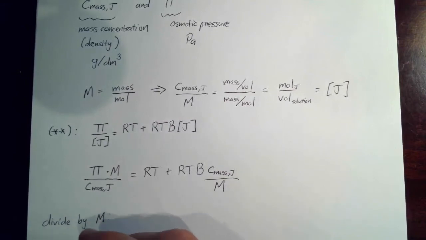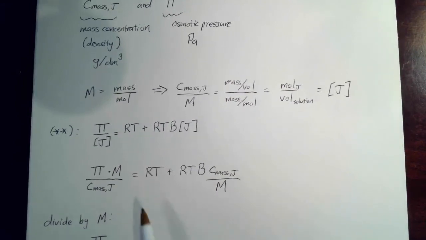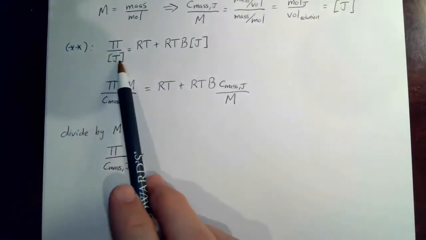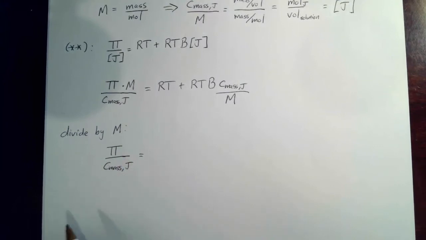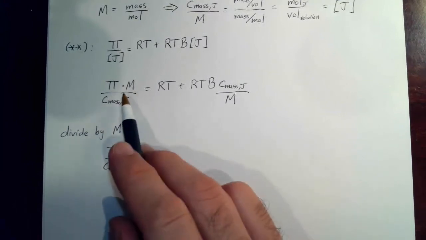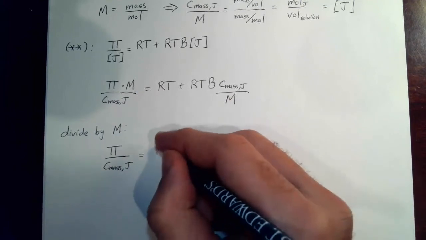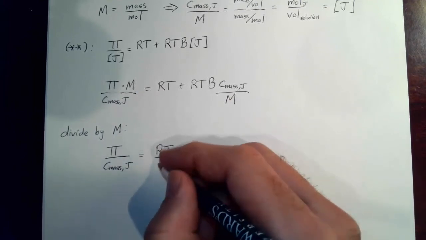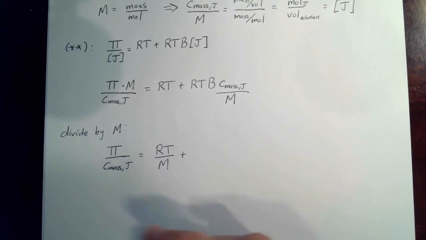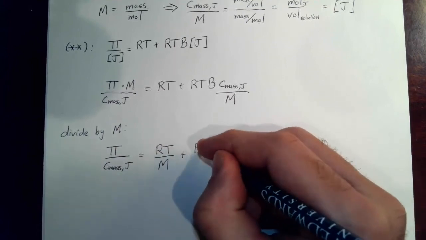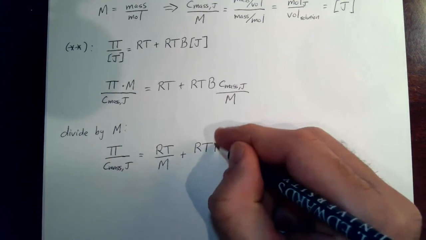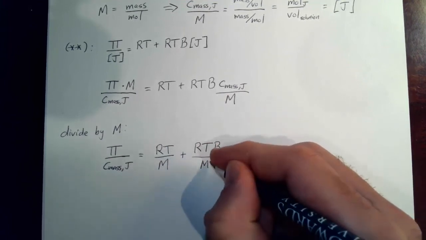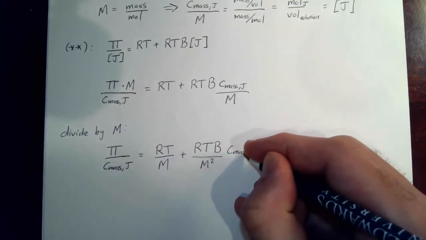I get pi over mass concentration. This left-hand side looks a lot like the left-hand side I had up here: pi over concentration, now pi over mass concentration. To do that, I had to divide by M everywhere. So the first term is RT over M, and the second term is RTB over M squared times C mass.